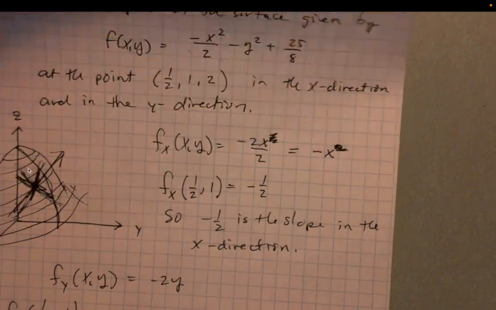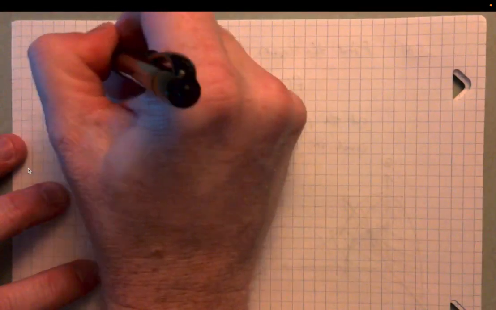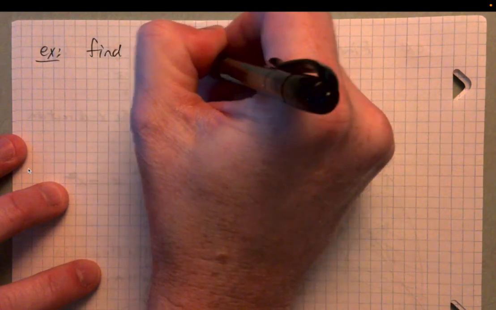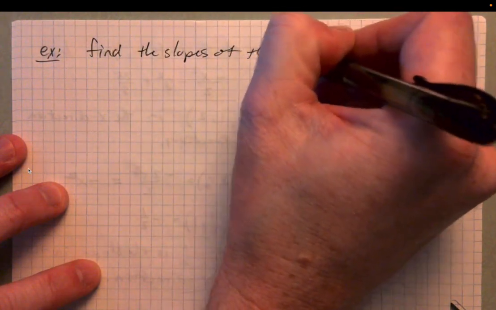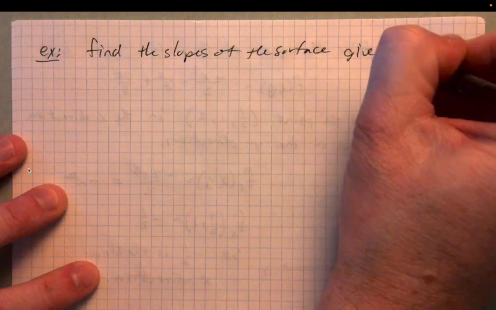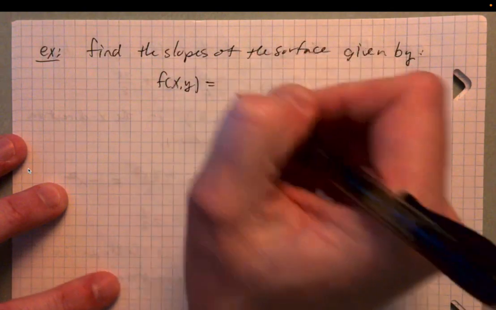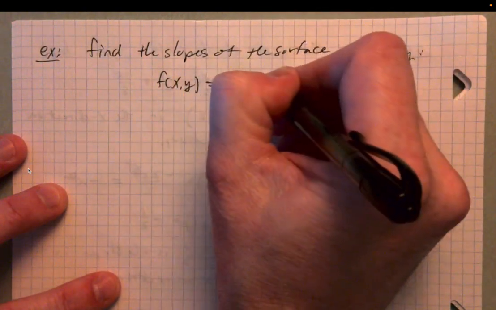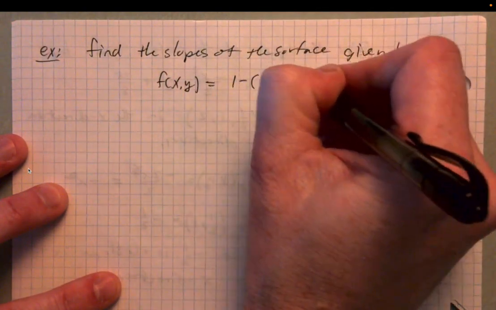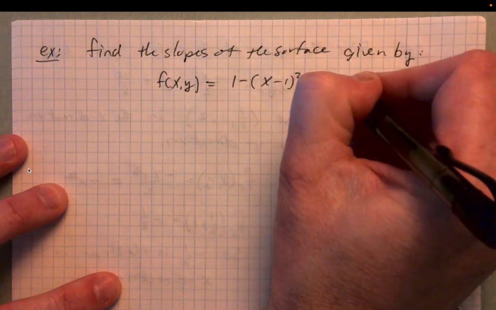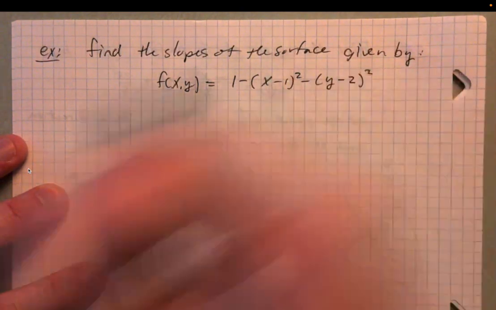Let's see if we can do another one, maybe one that's slightly easier to draw. That one was very, very difficult to draw. Here's another example. Find the slopes of the surface given by, okay, now our function is f of x, y equals 1 minus (x minus 1) squared minus (y minus 2) squared.